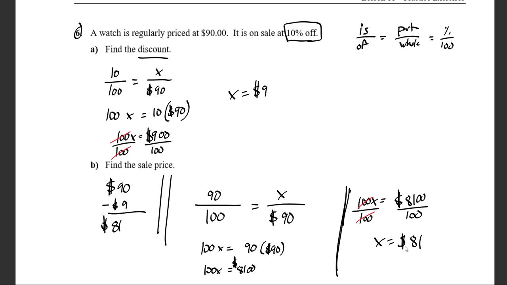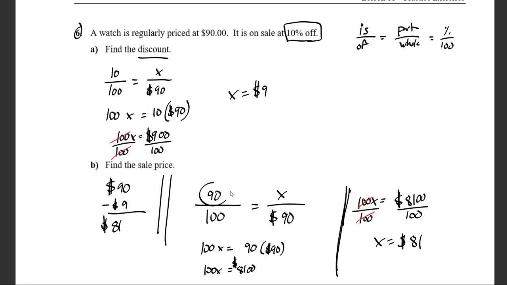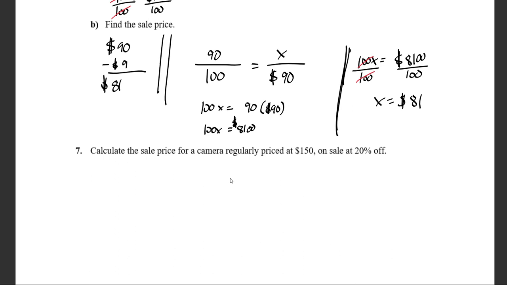We already knew it was going to be $81. I'm showing you this way because if they only asked you for the sale price, you could do that and not have to subtract. You could just say, how much do I still have to pay? I still have to pay 90% if 10% is my savings. And that might save you some work on a different question.